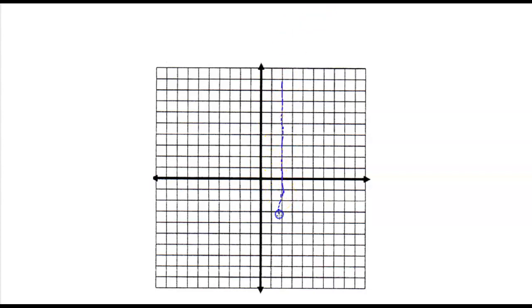Let me try to make the dots a little slower so the computer catches up with me. All right, that's good enough. So we have x equals 2 here, and we also have a horizontal asymptote here on the x-axis.